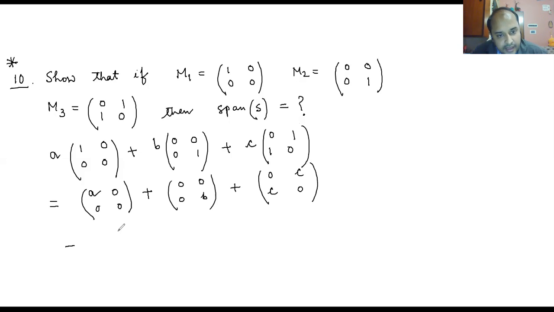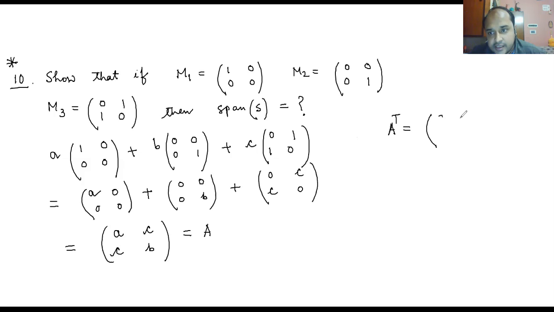If I add these numbers, A plus 0 plus 0, 0 plus 0 plus C, that is 0 plus 0 plus C, and that is B. Now, let us name this matrix as capital A. Let us take the transpose of A. If I take the transpose of this matrix, what do we get? We get A, C and C, B, which is the same.